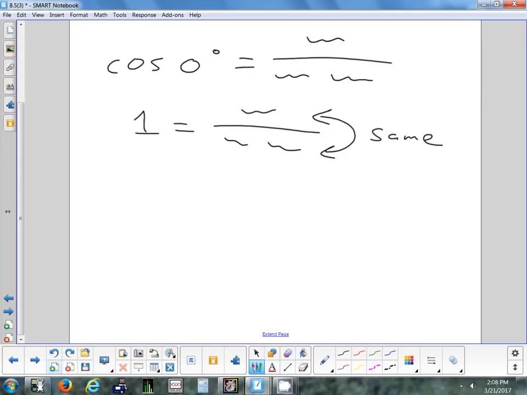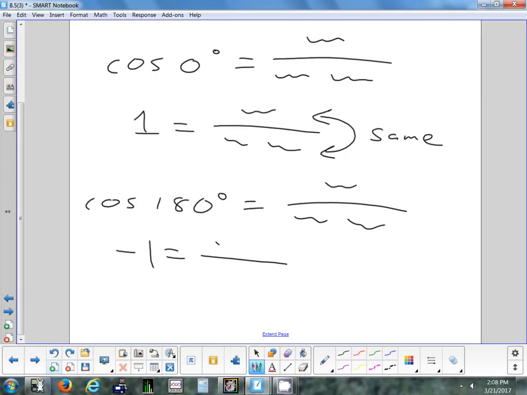Okay, let's look at 180. That's the other case where you could get parallel. What's the cosine of 180? It's -1. And what's the only way that a fraction would ever equal -1?